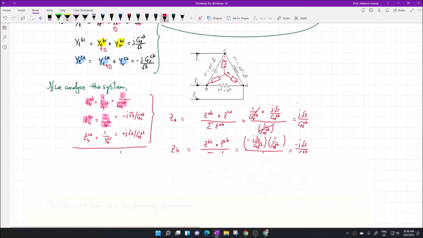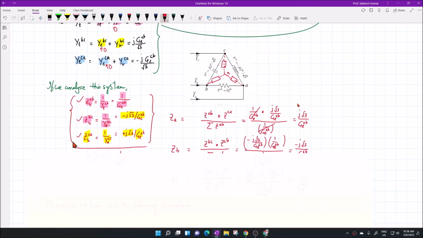And therefore we will get this value as minus j root 3 by G_LAB, and Z total CA as 1 by Y total CA, which is j root 3 by G_LAB. So that's how the circuit looks. Now from these Z_AB, Z_BC, Z_CA, we can find out the star connected equivalent Z_A, Z_B, Z_C.